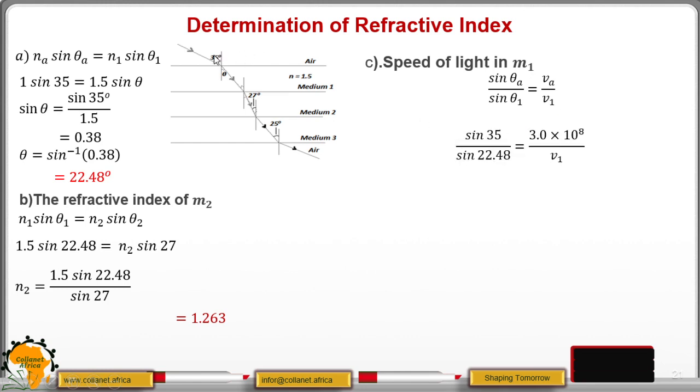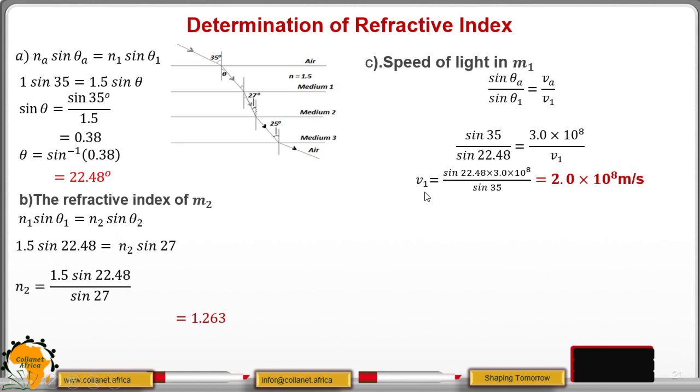So we have theta in air, which is 35. We have found theta 1, the angle of refraction in this diagram, as 22.48. So sine 35 divided by sine 22.48 is equal to the velocity of light in air, which is 3.0 times 10 to the power 8, divided by V1. And V1 is the value that we are looking for.